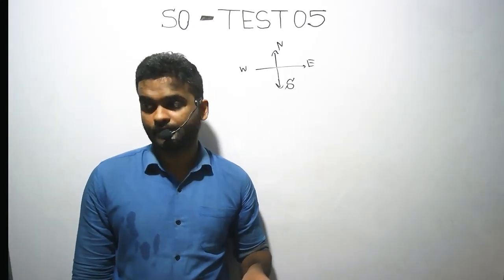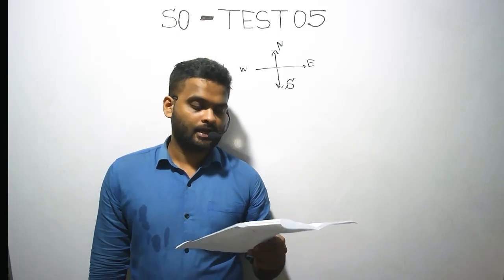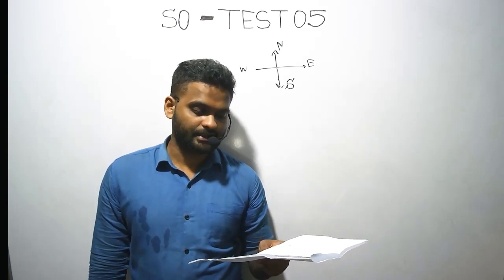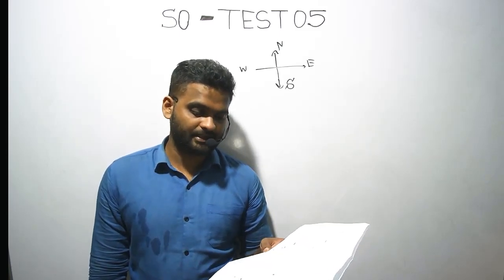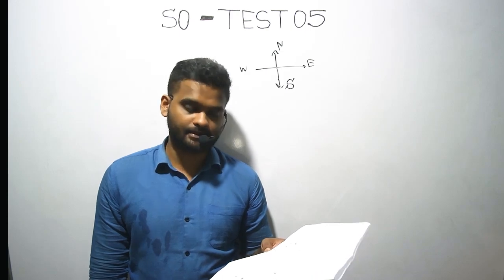Right. 15th question. A spaceship is orbiting Earth at 8 kilometers per second to east.